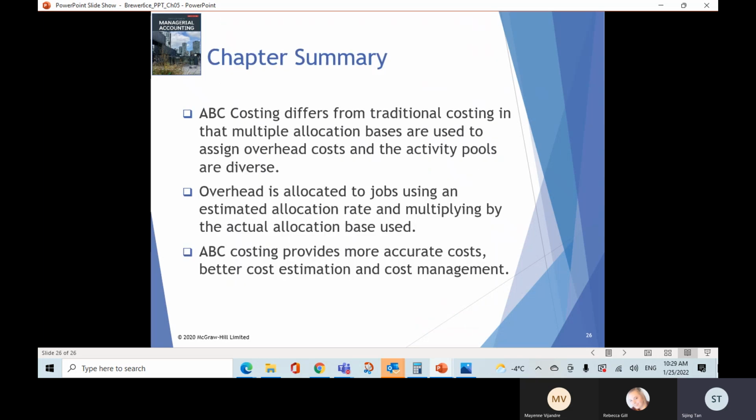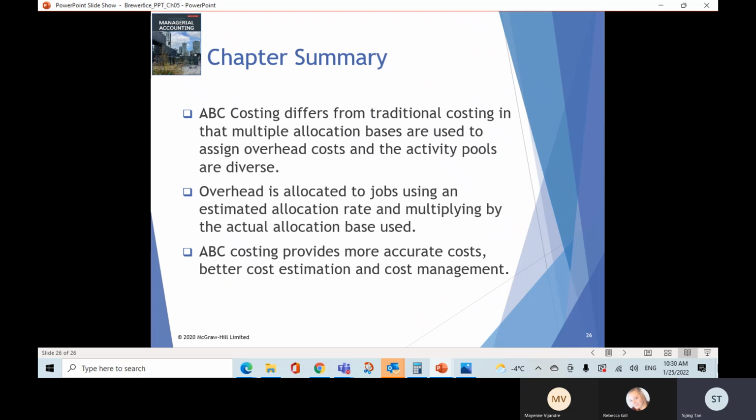To summarize, in the chapter summary, we basically talk about how ABC costing differs from the traditional costing in the multiple allocation bases. And we also gave you examples to talk about the ABC system. Overhead is allocated to jobs using an estimated allocation rate multiplied by the actual allocation base used.